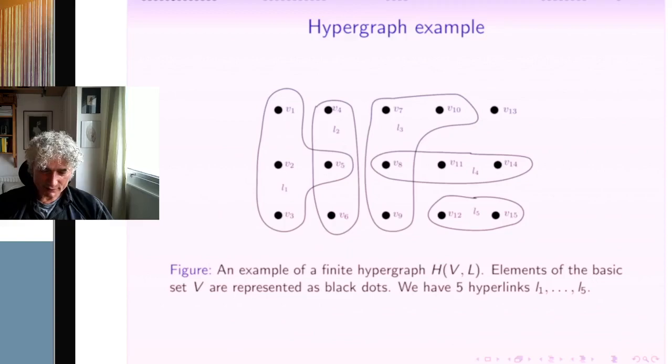So we would also have to include this hyperlink, and then we have to include this hyperlink, we have to include this hyperlink and all other combinations of 3. So this means there is a kind of relational closedness with respect to simplicial complexes.